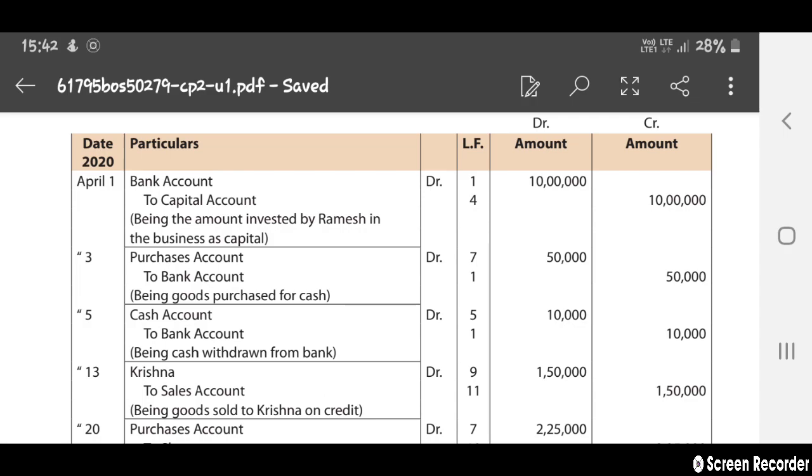Purchase account is debited 50,000, and bank account is credited 50,000 for the purchase of those goods.